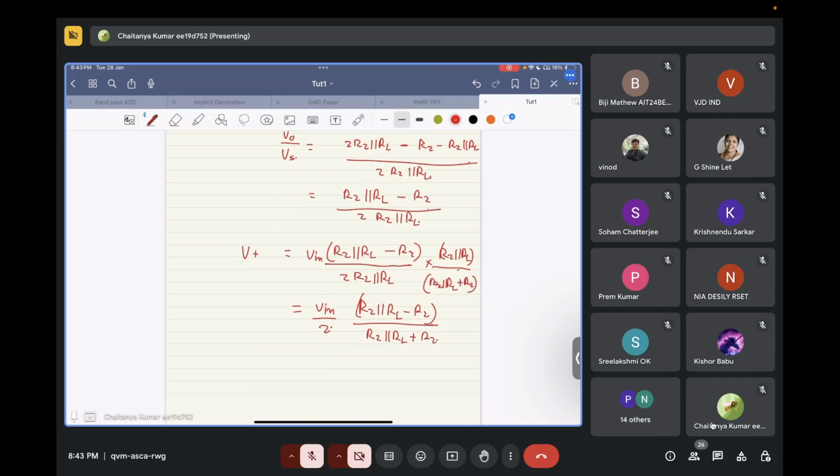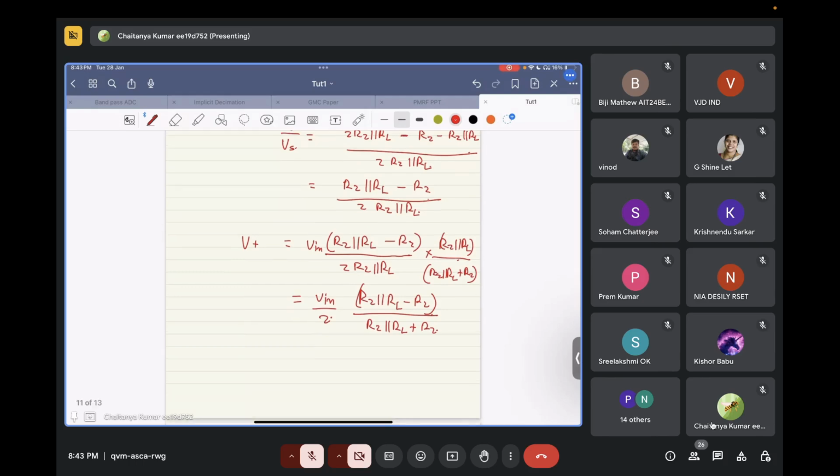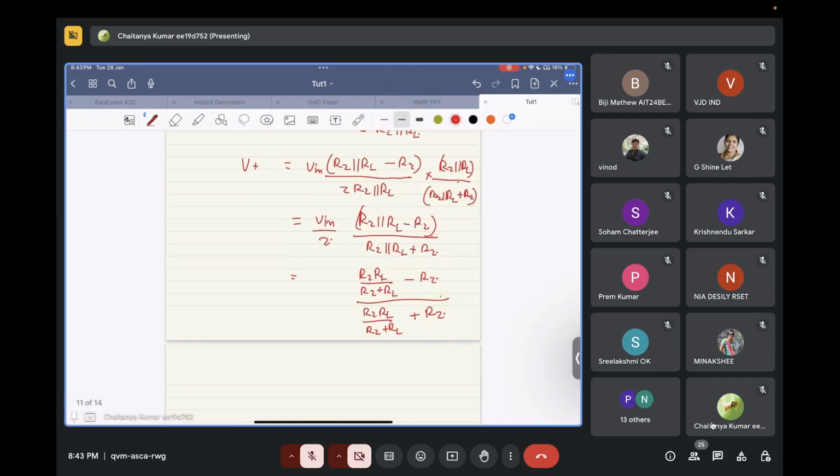Okay, so we can solve this further, and if we try to solve it further, what we'll get is R2 RL by R2 plus RL minus R2 divided by R2 RL by R2 plus RL plus R2, times V in by 2.